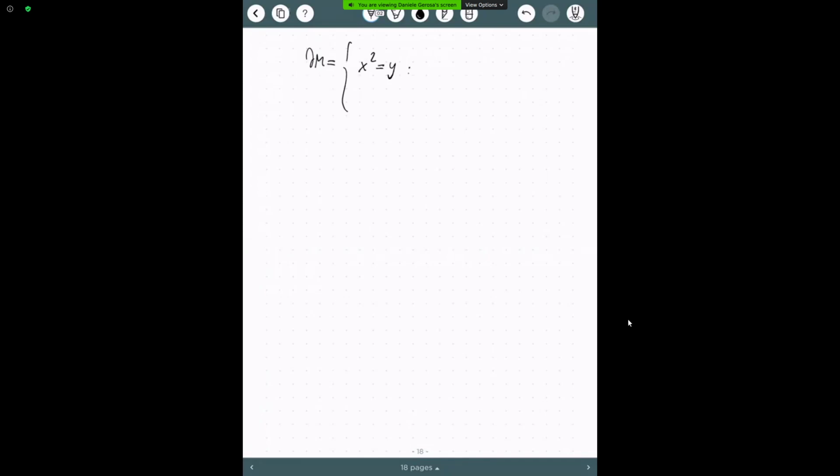On the parabola, we want x to be greater or equal than this value here in modulus, but then we have to take a union again.